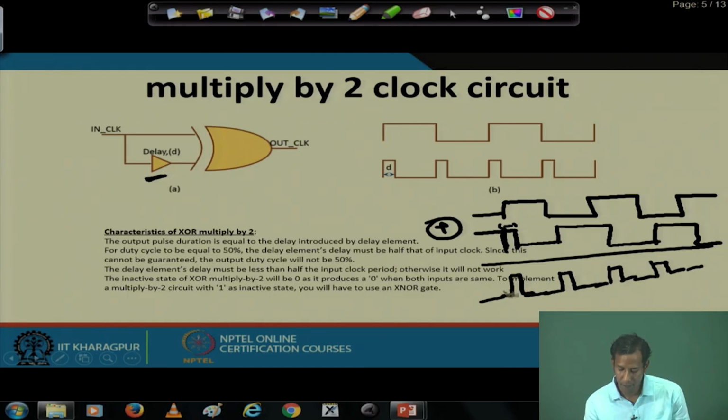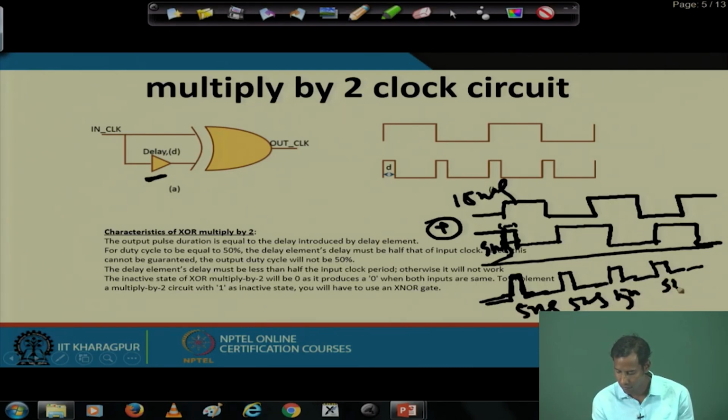If I consider this as the output clock, its frequency will be double. If I consider the period as, let us say, 10 nanoseconds, and use a delay of 5 nanoseconds, then each of these pulses will be 5 nanoseconds.